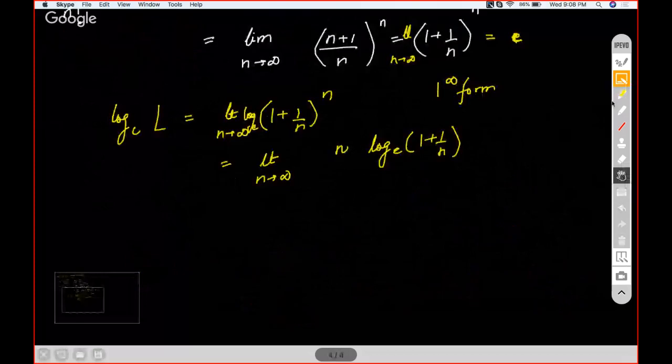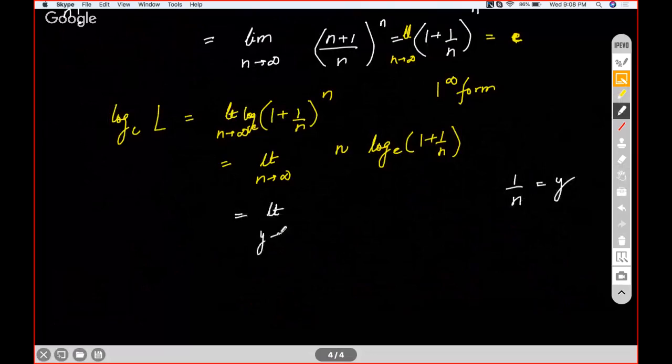So this term becomes limit y tending to 0 of ln(1 + y) divided by y, and this entire term is log of L.